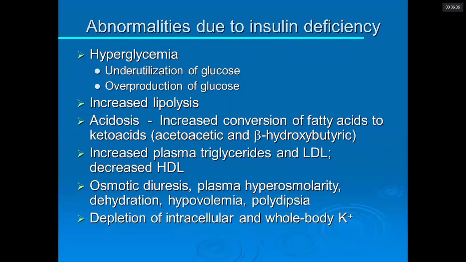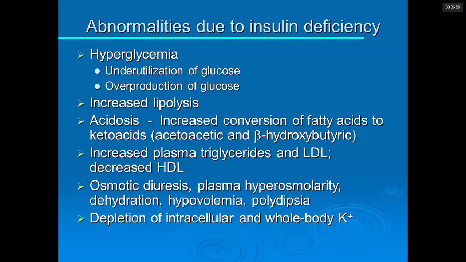When we have insulin deficiency, patients have diabetes, either type 1 or type 2, leading to hyperglycemia. So we have increased blood sugar due to underutilization of glucose or overproduction of glucose. So we have two entities.